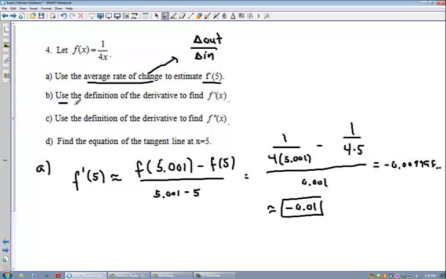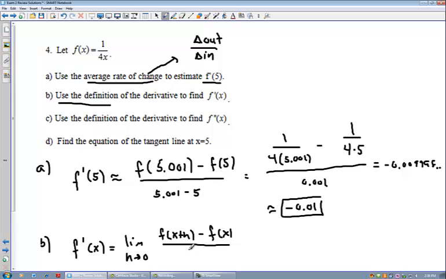Now in part B, we want to actually use the definition of the derivative. So let's do that. For part B, I want to find f prime of x. And so that's the limit as h goes to 0 of f of x plus h minus f of x, all divided by h.